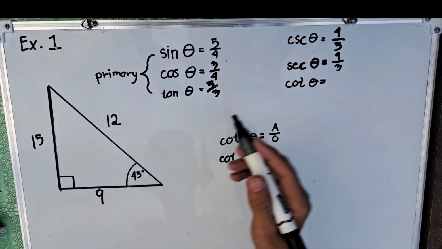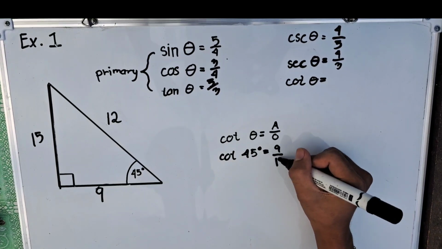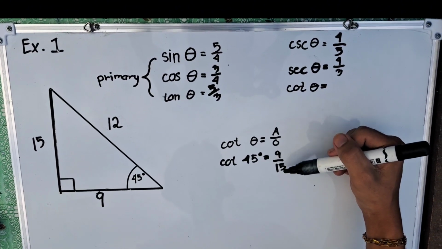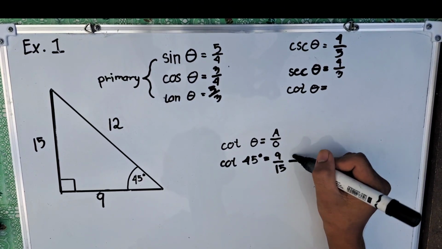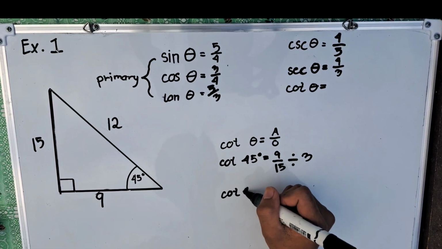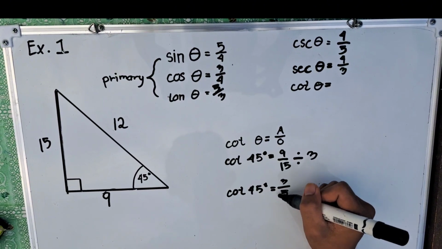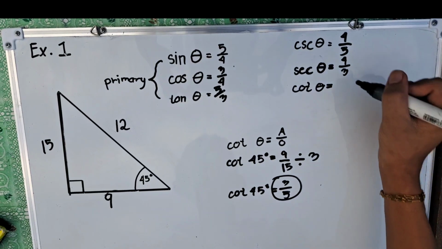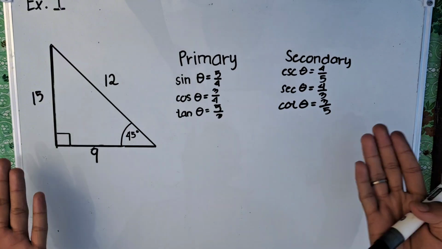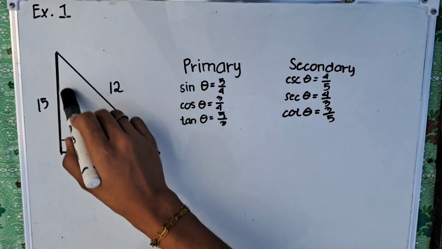So adjacent is 9 and opposite is 15. Since there is a number that is divisible by these two, which is 3, we need to reduce it to the lowest term. So cotangent 45 degrees is equal to 3 over 5, and this is our cotangent, 3 over 5. So this is our example in solving the 6 trigonometric ratios using a right triangle.